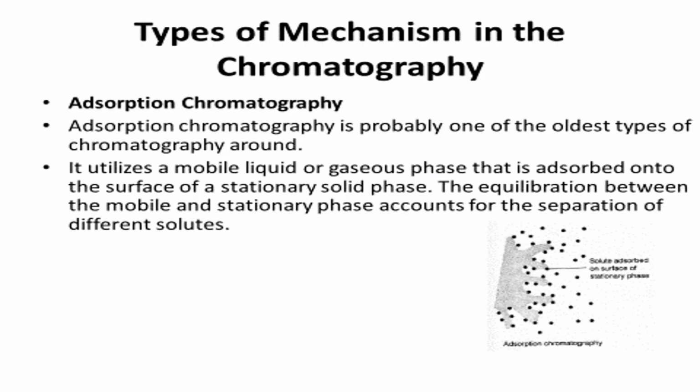Now the first is adsorption chromatography. Adsorption chromatography is the oldest type of chromatography. It utilizes a mobile liquid or gaseous phase that is adsorbed onto the surface of the stationary solid phase. The equilibration between the mobile and stationary phase accounts for the separation of different solutes.